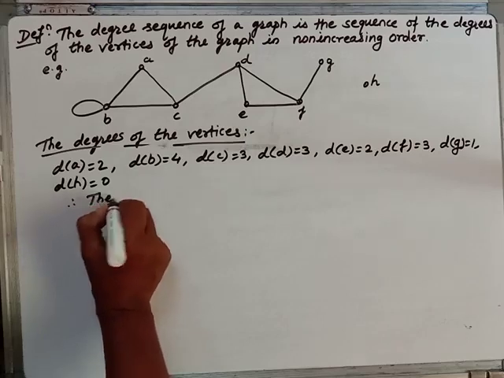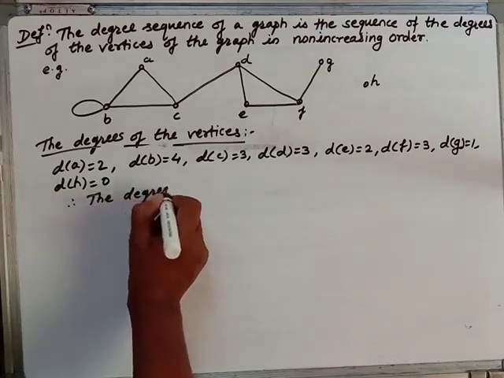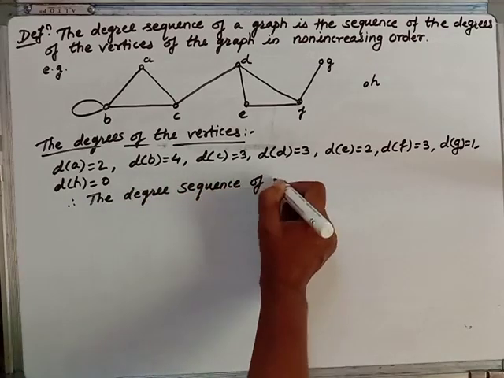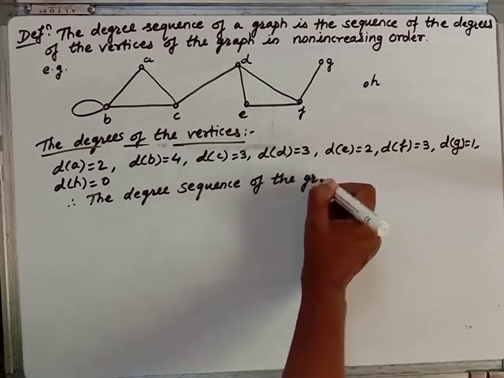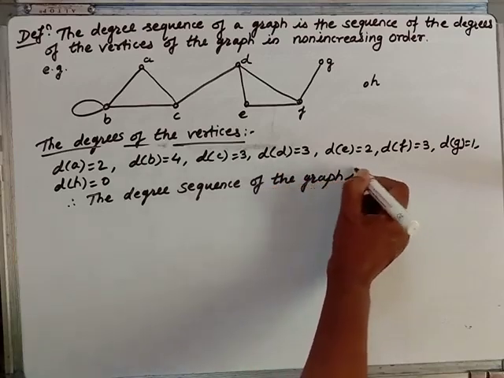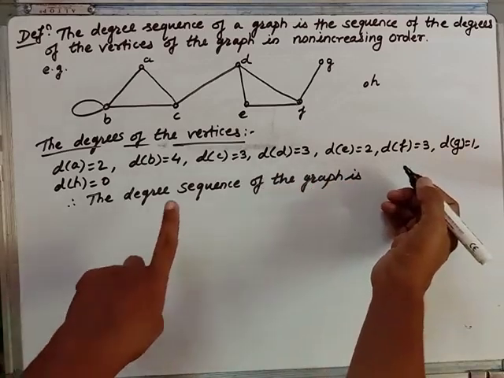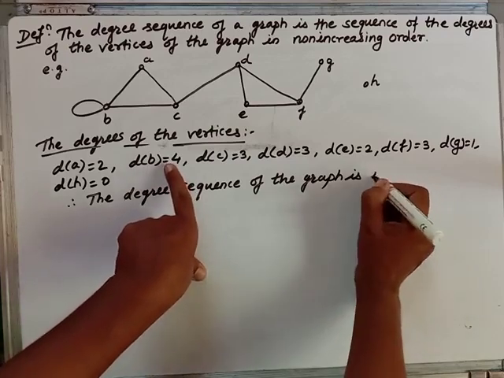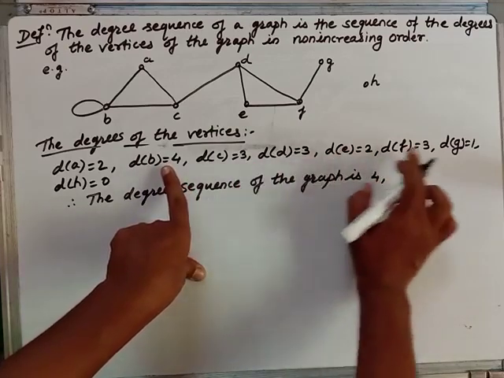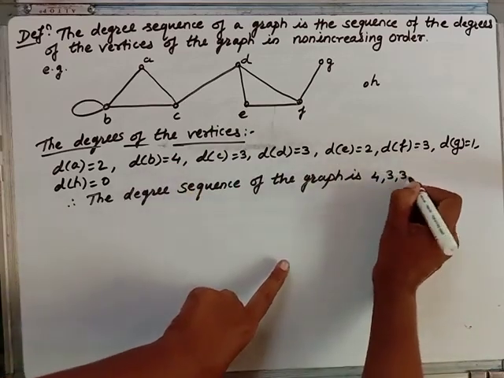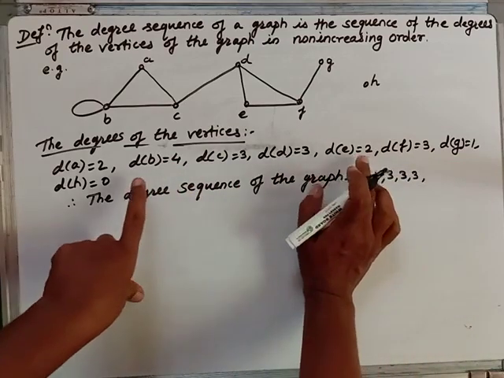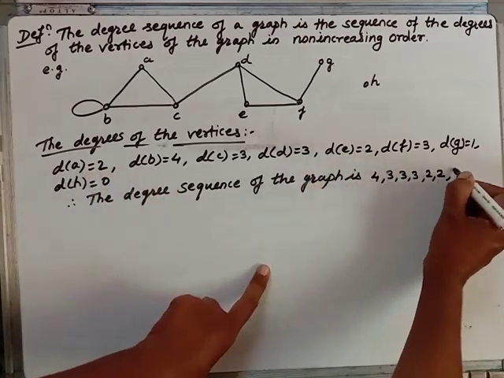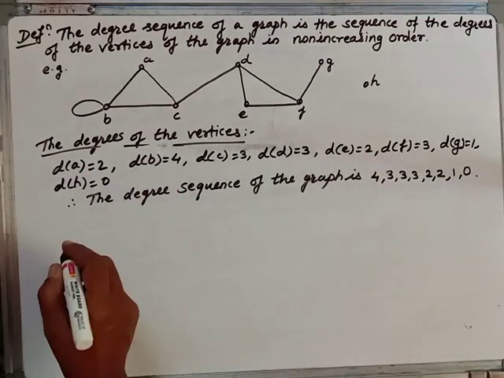Therefore, the degree sequence of the graph, in descending order, is 4, 3, 3, 3, 2, 2, 1, 0. This is the degree sequence.